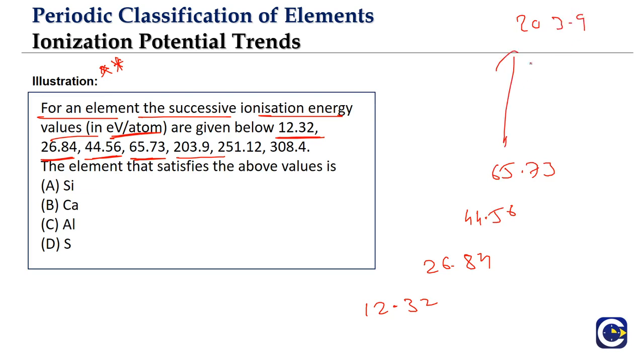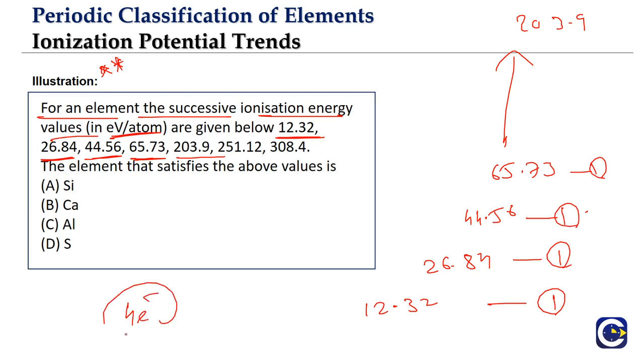You see a sudden jump. It means here we removed 1 electron, 1 electron, 1 electron, and then 1. After removing 4 electrons, we are seeing a sudden jump. It means removal of the 5th electron is becoming difficult. So the number of valence electrons for this element must be equal to 4.